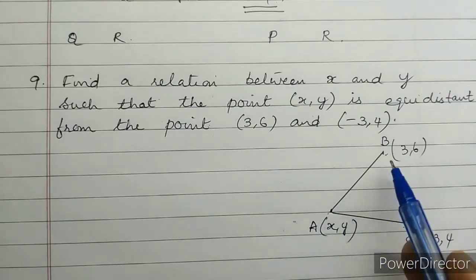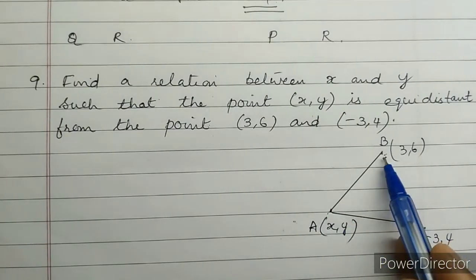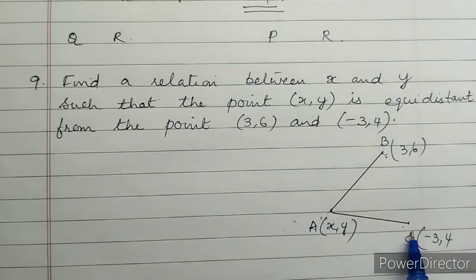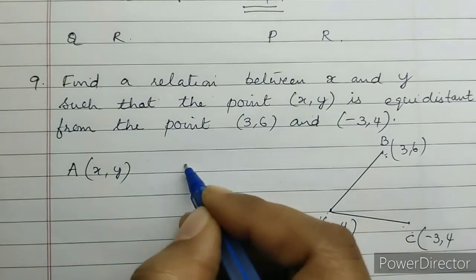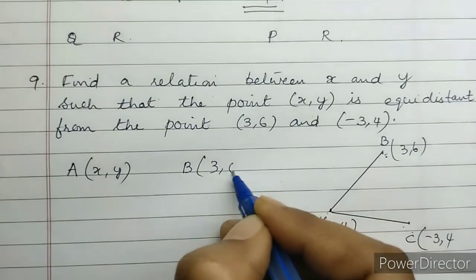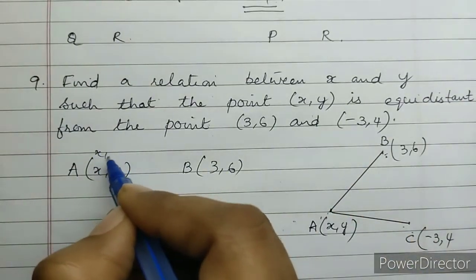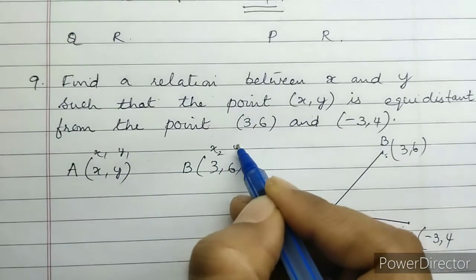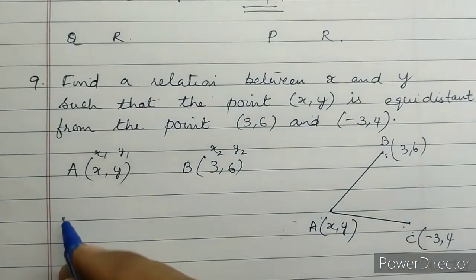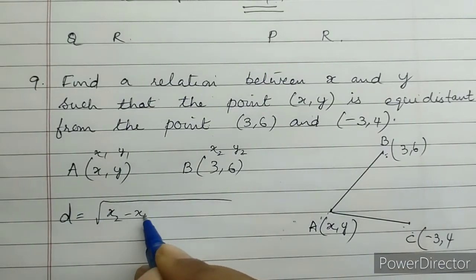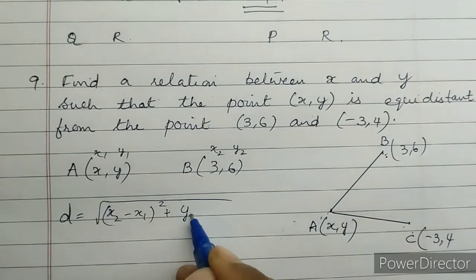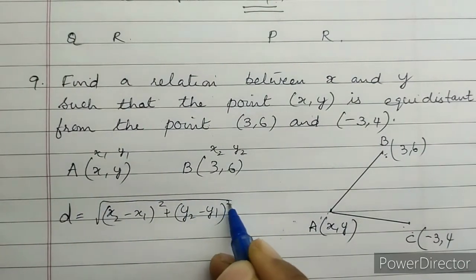Now AB value you can use distance formula and find, and AC value also you can find by using distance formula. So to find AB, first A you should write x, y, then B you should write 3, 6. So this is x1, y1, this is x2, y2. Now write the distance formula. D is equal to square root of x2 minus x1 the whole square plus y2 minus y1 the whole square.